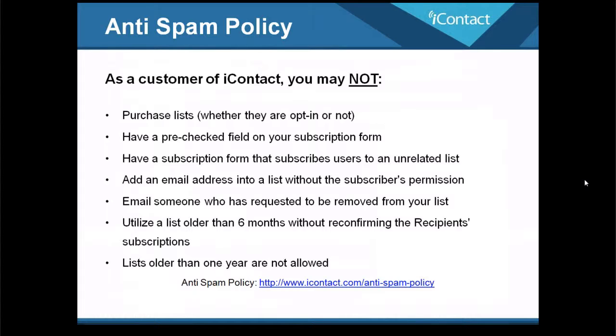So to prevent these situations, we ask that you reconfirm every 6 months just to keep a clean list. As well, lists that are older than 1 year are not allowed in iContact. To read over the entire policy, please visit www.icontact.com/anti-spam-policy.